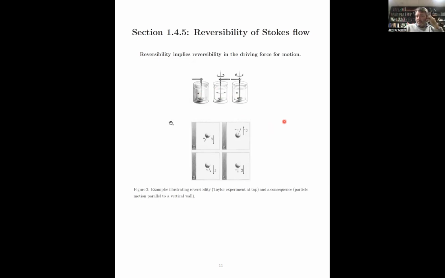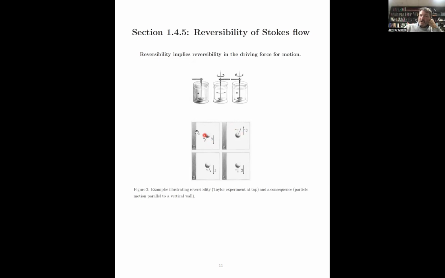But this has some interesting consequences. For those of you who may ever use chalk at a chalkboard, you might see evidence of this: a little piece of chalk that breaks off will fall straight down the board at the same velocity. So this is evidence of this phenomenon, which is to ask the question, if I consider a particle in Stokes flow, will it actually move toward the wall or away when it's pulled down by gravity? It's heavier than the fluid, so gravity could be any force here, because I'm now going to reverse that.